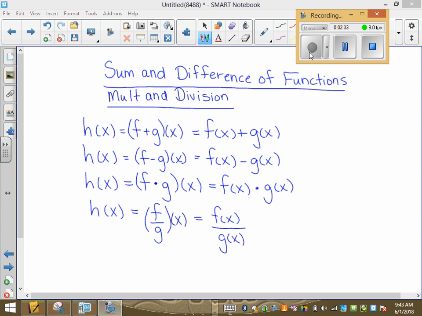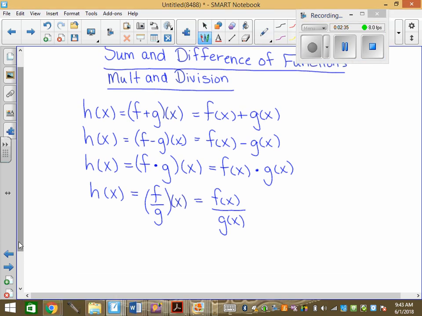So example 1, the two functions we're going to use are f of x equals 3x minus 5 and then g of x equals negative x plus 2.